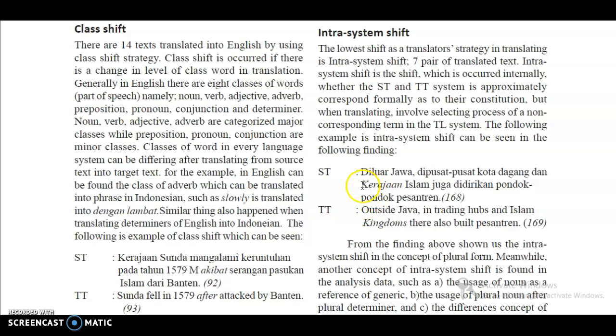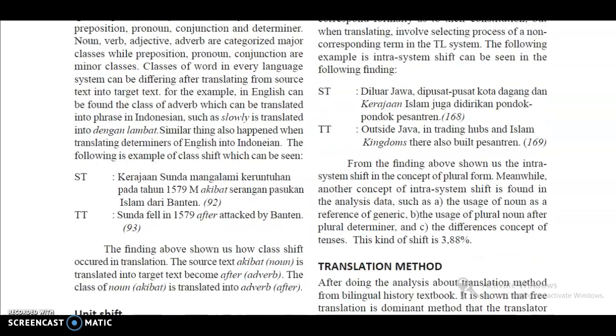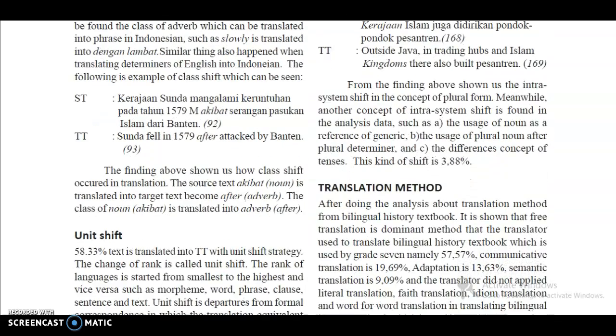We can see here kerajaan indicates a singular in the source text. However, in the target text, from singular it is translated into plural, kingdoms, by adding s to indicate plural.